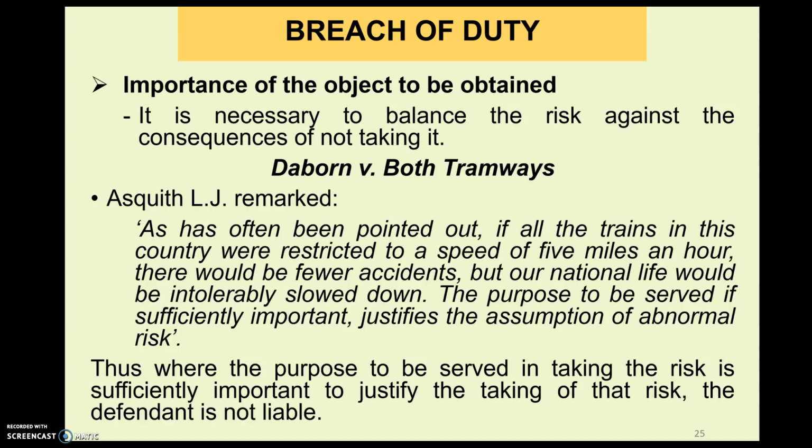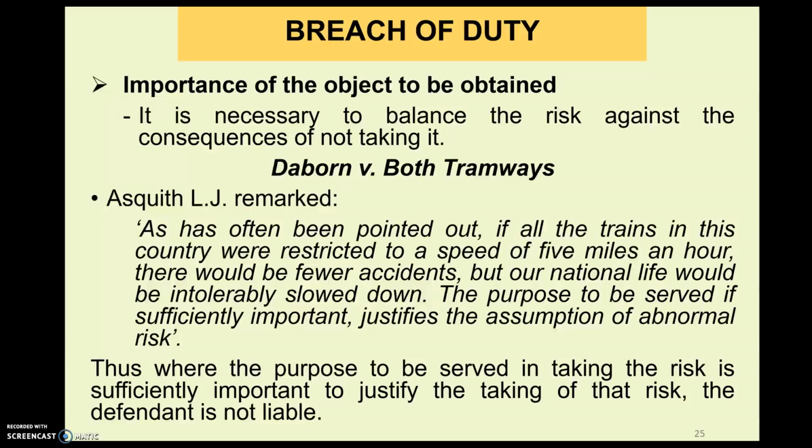Now, what about the importance of the object? It is necessary to balance the risk against the consequences of not taking it. What happens if you don't take it? Now, if you look into this case, Daborn against Bath Tramways, where Lord Justice Asquith remarked, as has often been pointed out, if all the trains in this country were restricted to a speed of 5 miles an hour, there would be fewer accidents.